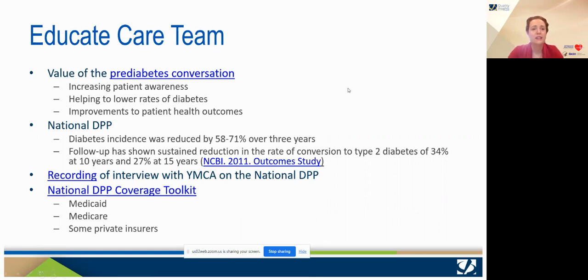Again, in this slide, you'll see links to several tools and resources. Here, we actually have some resources around the prediabetes conversation. We have some more tools around the National DPP Coverage Toolkit, being aware of the National Diabetes Prevention Program, which again, Kat will be speaking about later.